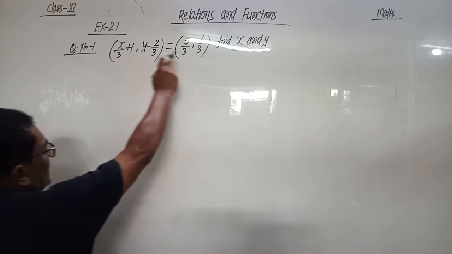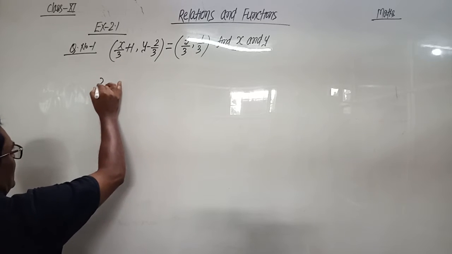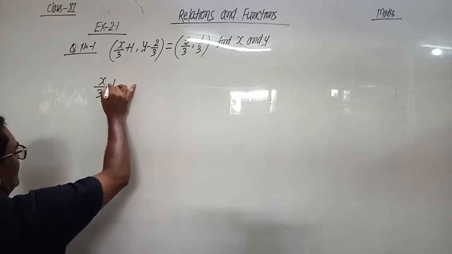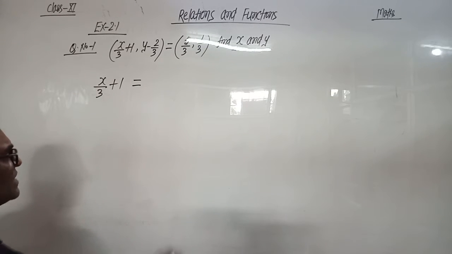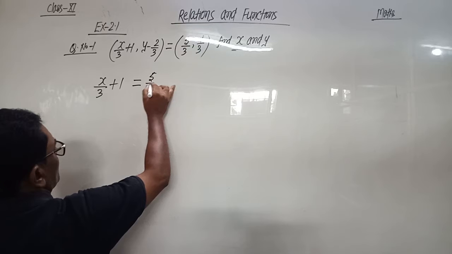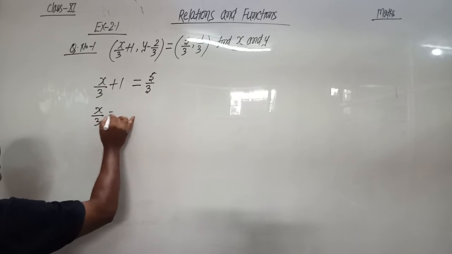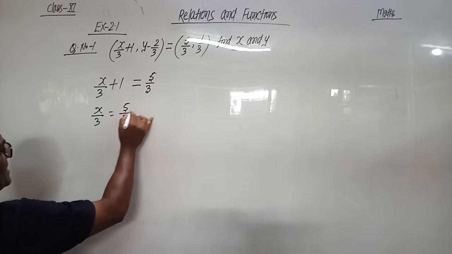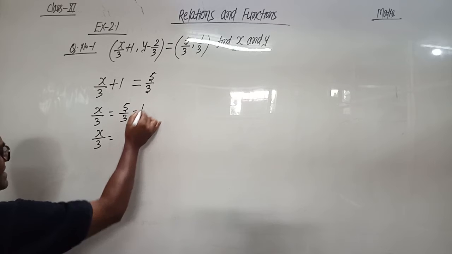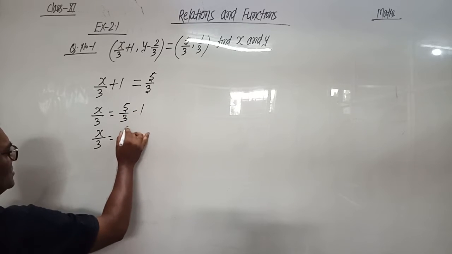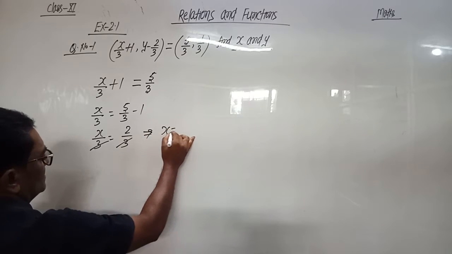So we equate the first element of the first set, x/3 + 1, and the first element of the second set, 5/3. Make it equal and find the value of x. So x/3 = 5/3 − 1, and x/3 equals, by taking LCM, (5 − 3)/3 = 2/3, and the value of x comes to be 2.